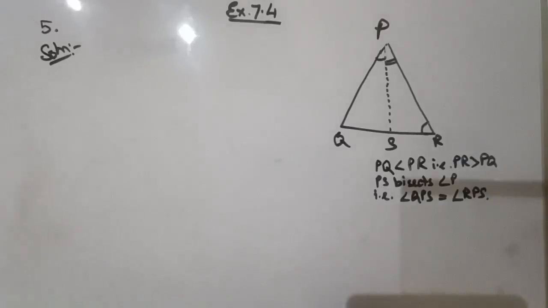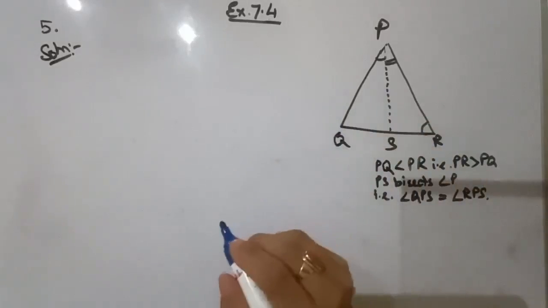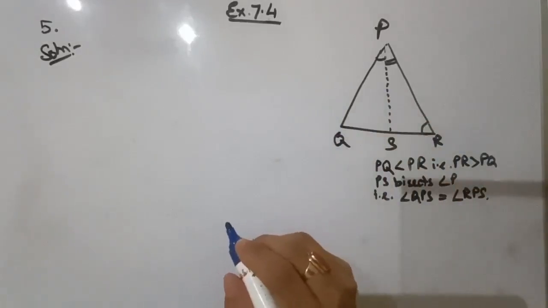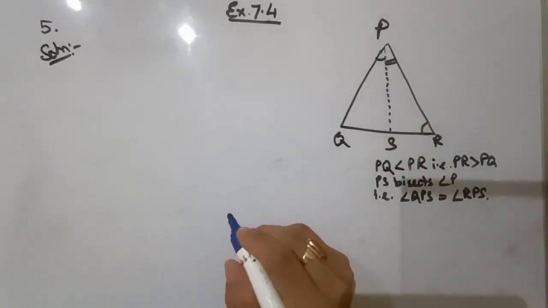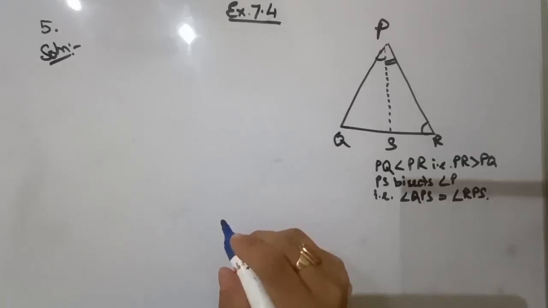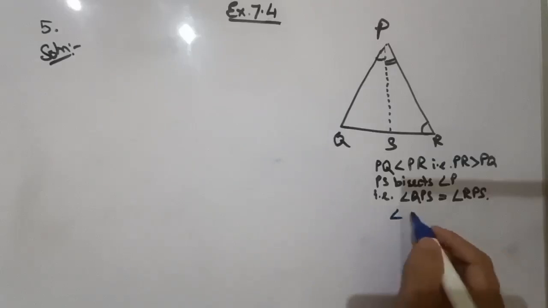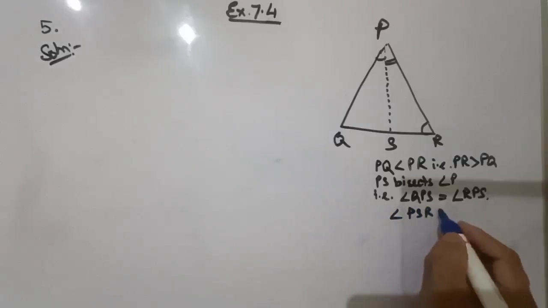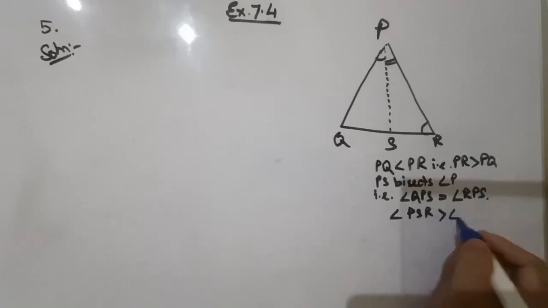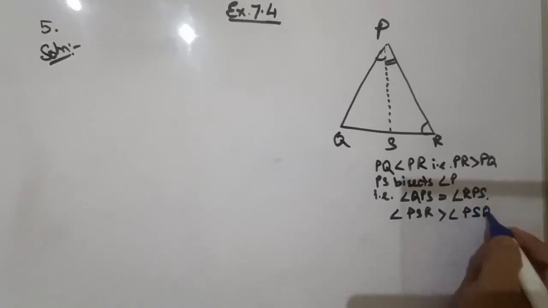So these are the given information according to the question. Now we have to prove angle PSR is greater than angle PSQ.